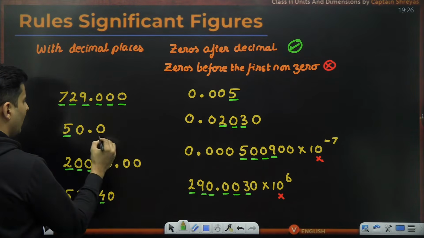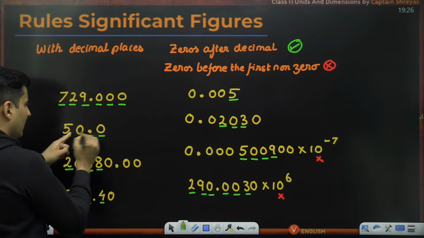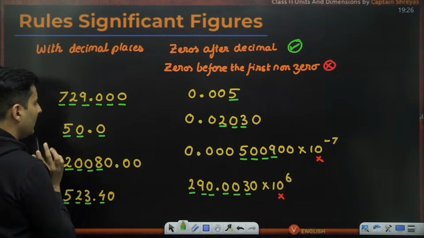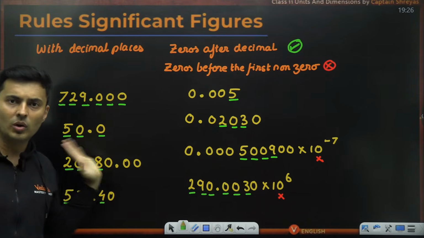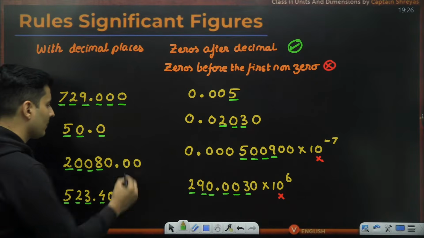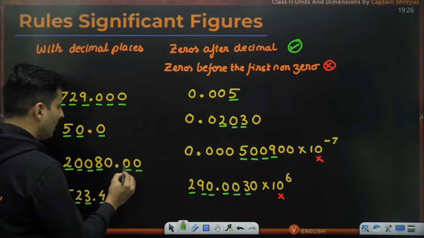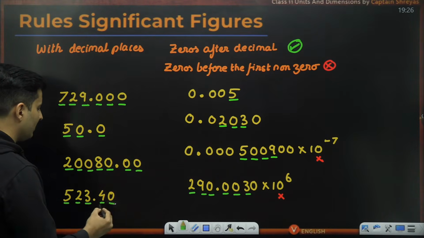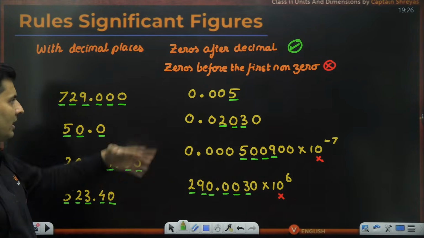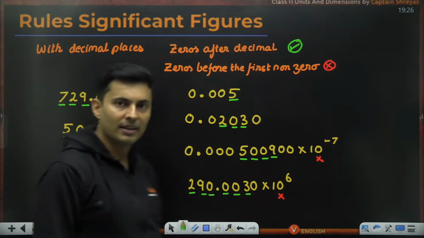And any trapped zero between two significants automatically becomes significant. These zeros are significant and this trapped zero becomes significant. This zero is after the decimal and after the non-zero, so 100% it will be significant.